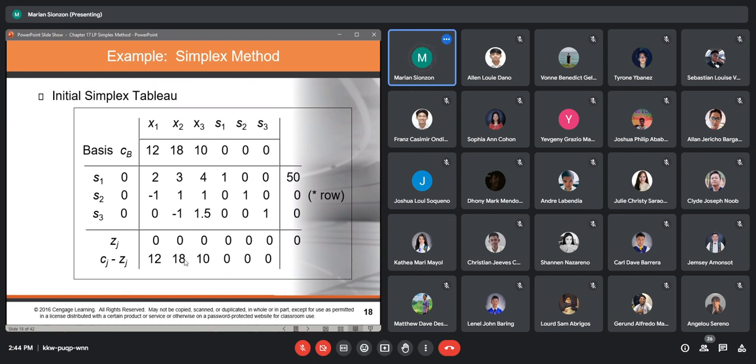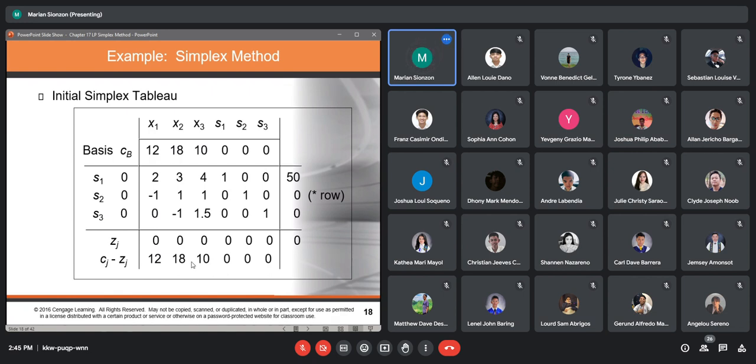Can you follow? Yes, Miss. And x sub 3 is only 10. If I put in S sub 1, 0. S sub 2, 0. S sub 3, 0. So which among these three will be my candidate for improvement, or as an entering variable?